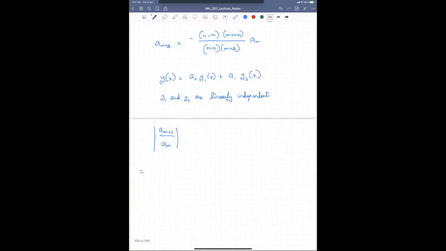Since I'm going to take the modulus, I'll get rid of all the negative signs and so forth. So I'll have n minus m minus 1 times m plus n plus 3 divided by m plus 3, m plus 4.